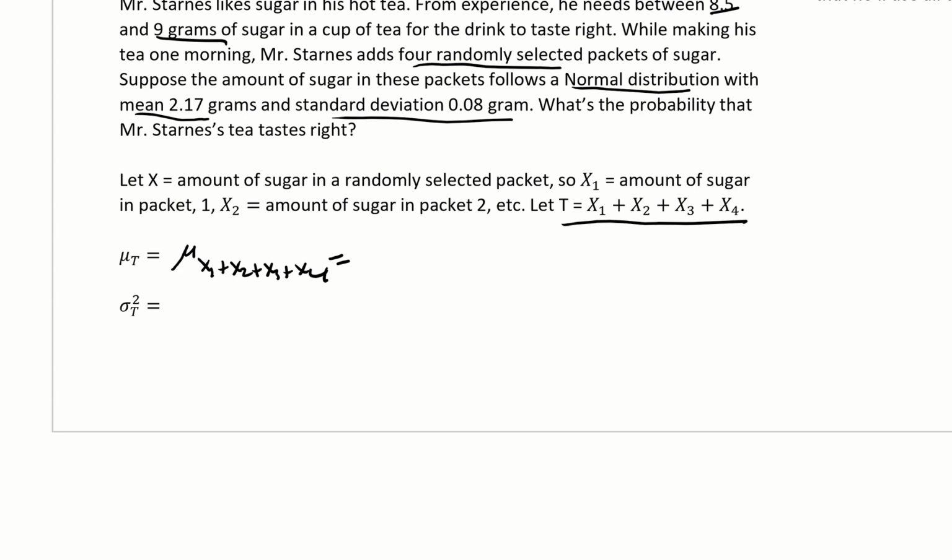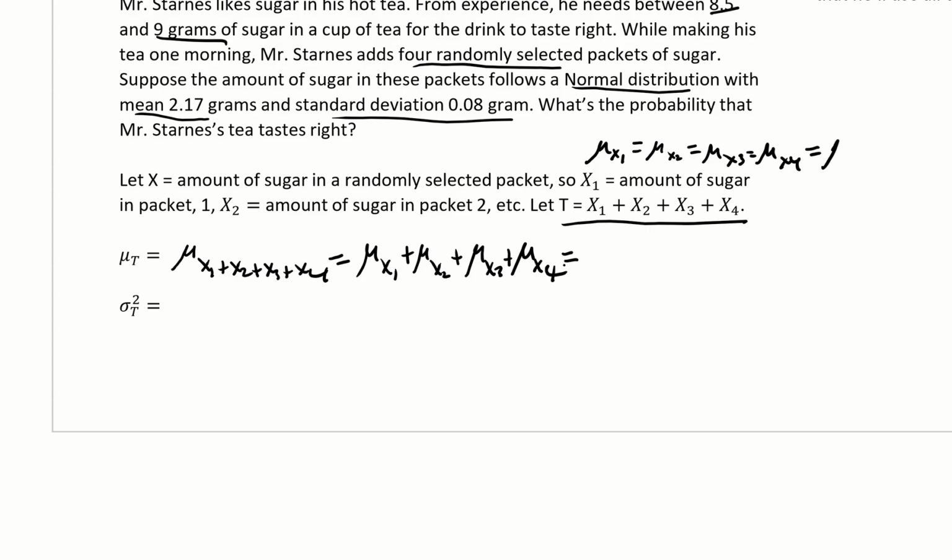But as we mentioned, you can simply add the individual means, right? However, the individual means are the same for all of them. So they're all mu x, okay? In other words, mu x1 equals mu x2 equals mu x3 equals mu x4.